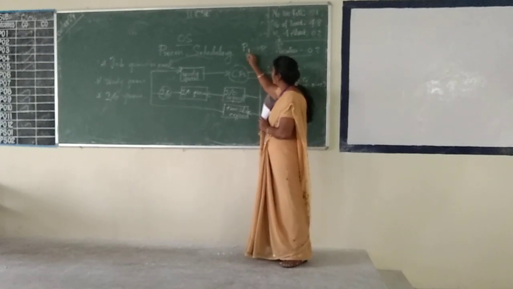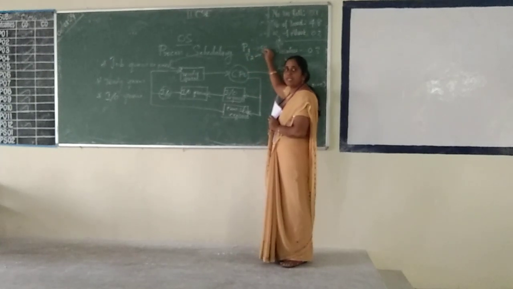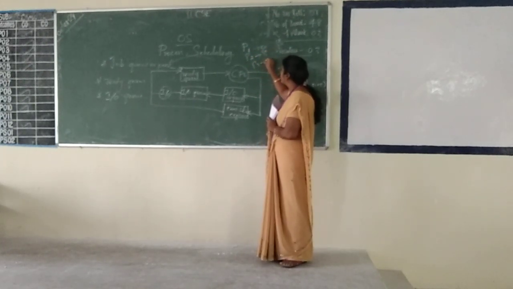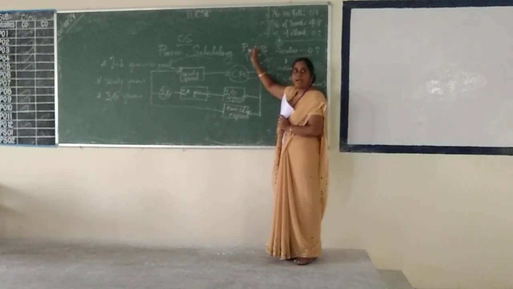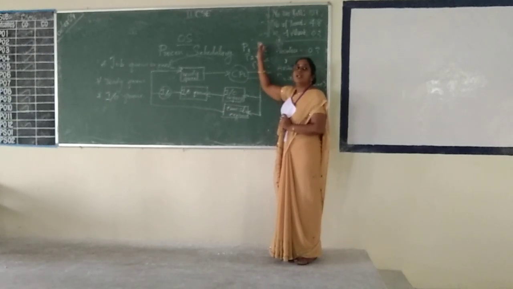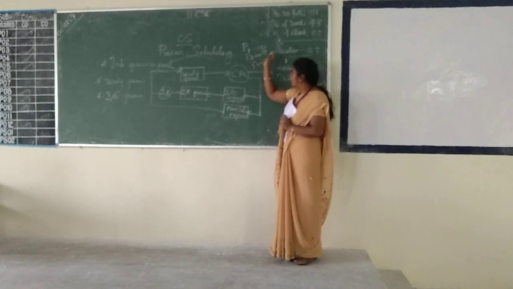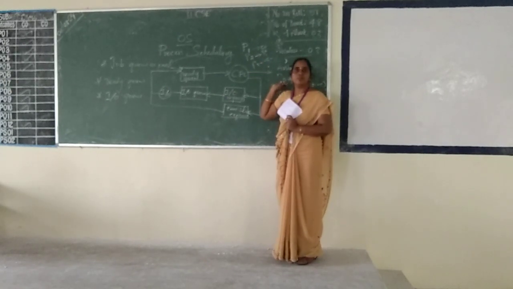Like that, process P2 also takes 50 milliseconds, and process P3 also takes 50 milliseconds. After executing process P1 for 50 milliseconds, P1 is removed from the CPU and P2 is allocated the CPU.